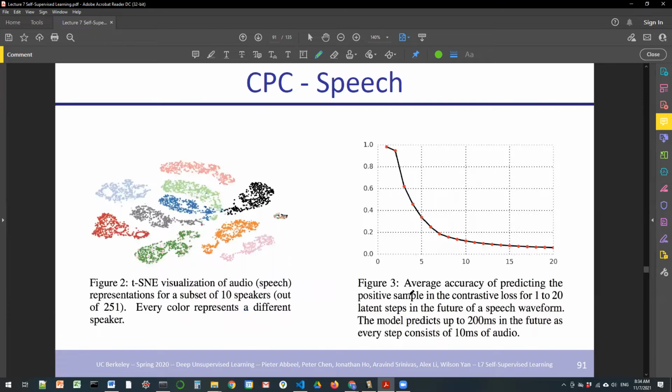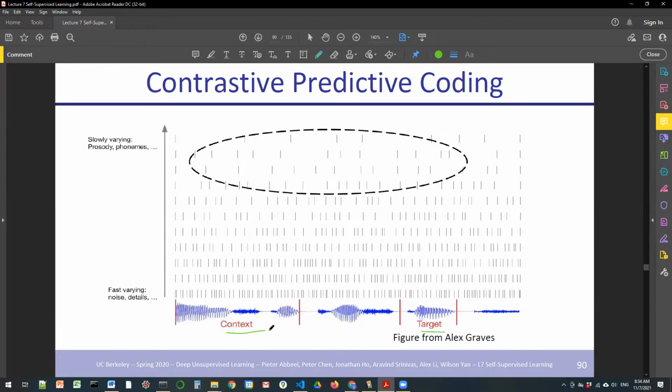So between c_t, which is the context, and z_{t+k}, where k is the number of time steps between them. Why is that important? Well, if you're choosing very close to each other, then the network will not be able to extract the semantic information, and secondly, the semantic information would not even have changed, because the changes in the semantic information happen when the gap between the context and the target is larger.